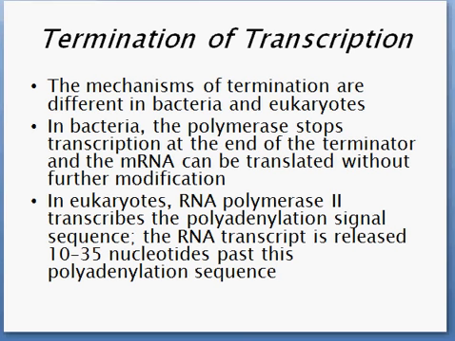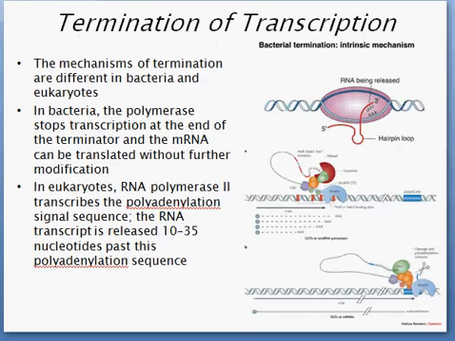So this is another picture showing the difference. In bacteria, the polymerase stops transcription at the end of the terminator, and then the messenger RNA can be translated. So that's being shown in this top one here, where the RNA is being released. But in eukaryotes, the RNA polymerase II will, boy, you're going to have to really zoom in to see this picture down here.